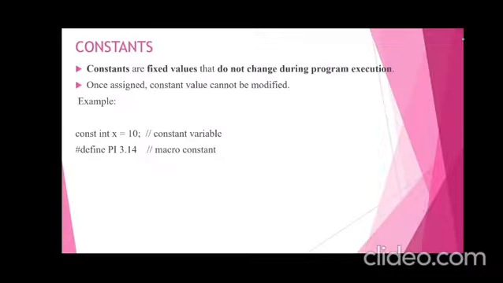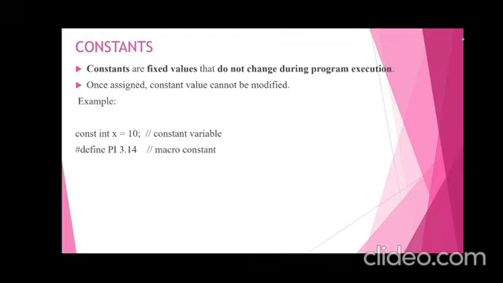And the next one is constants. Constants are fixed values in a program that do not change during execution. Once a value is assigned to a constant, it cannot be modified, which helps in maintaining consistency and preventing accidental changes in the program. Constants are used when we want certain values to remain the same throughout the program.